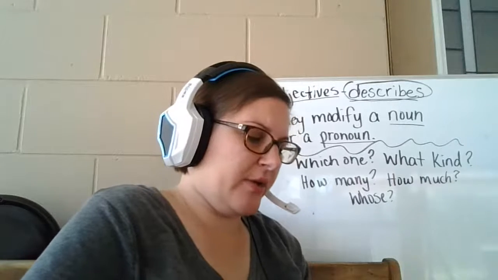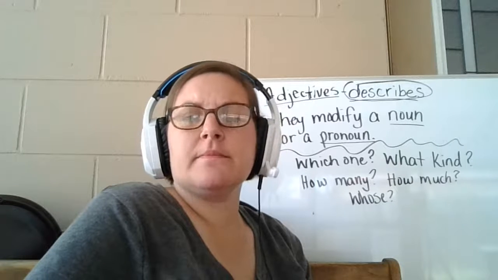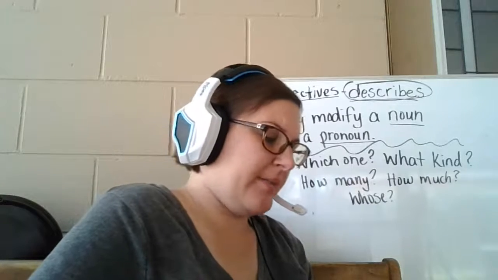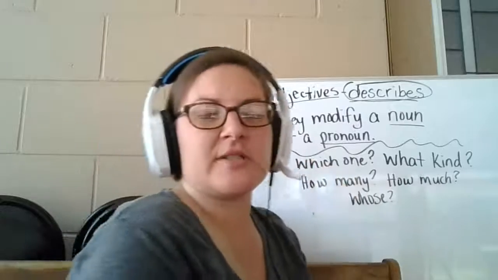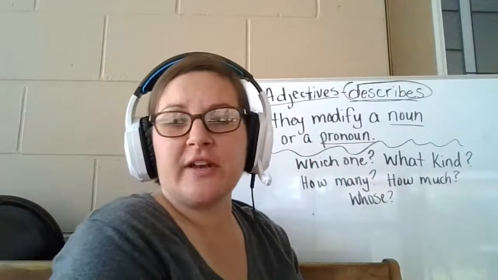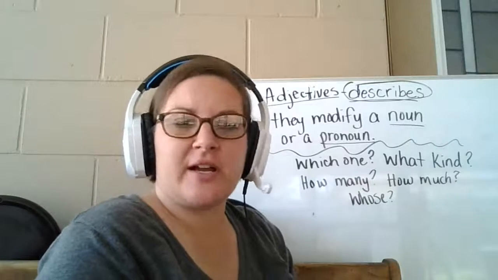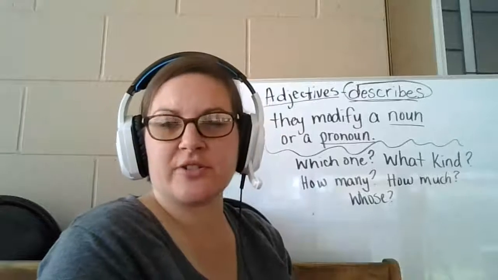All right, look at the blue comment at the top of the page. This is what we're going to talk about, these questions. When you're looking for an adjective, how do you find if it's an adjective or not? These are the questions that you're going to ask yourself.